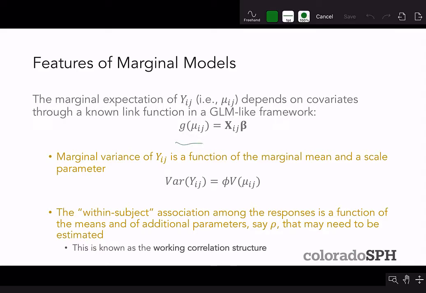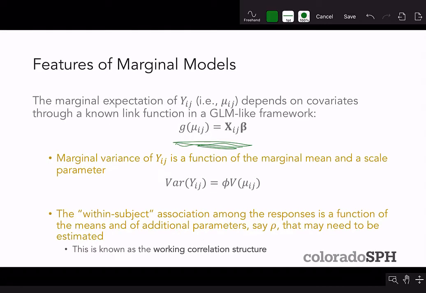So this is a high-level look at what that model looks like, where you have the mean of your outcome, mu ij, some link function that links the response to the covariates, and the link function functions in the same way as it did when we were looking at GLMs, and then your set of linear predictors, your x's and your betas.